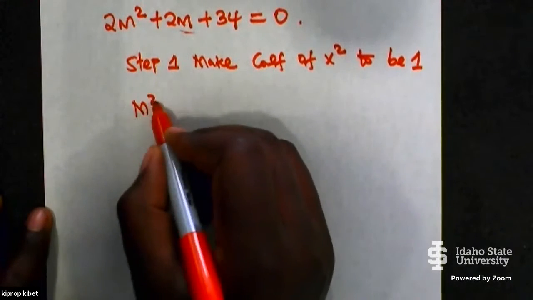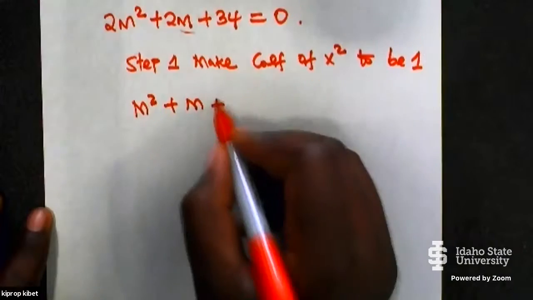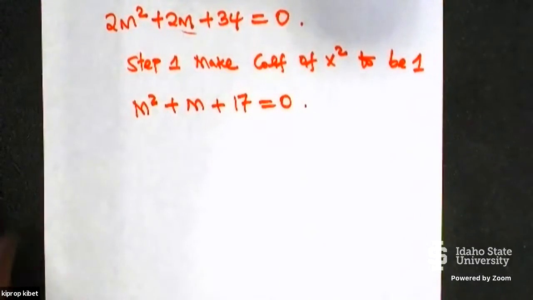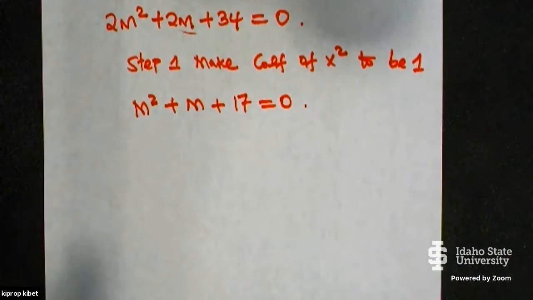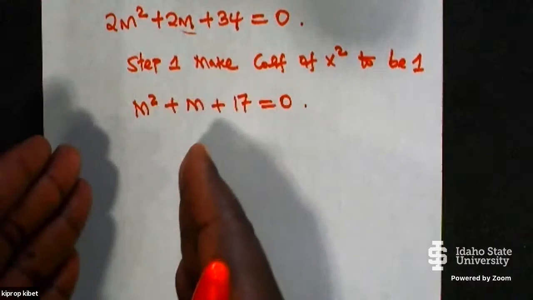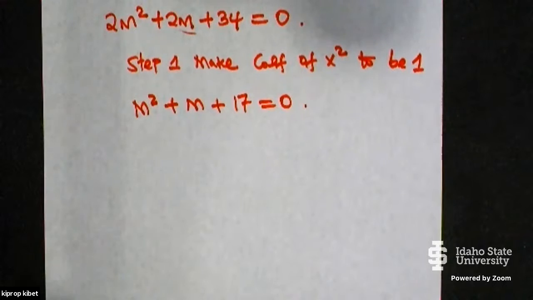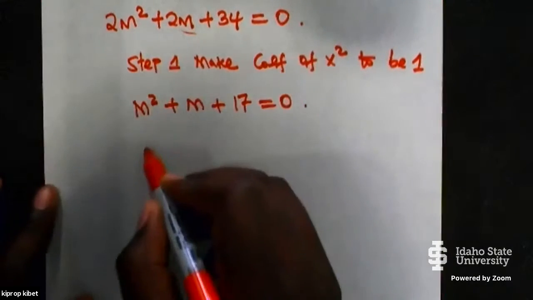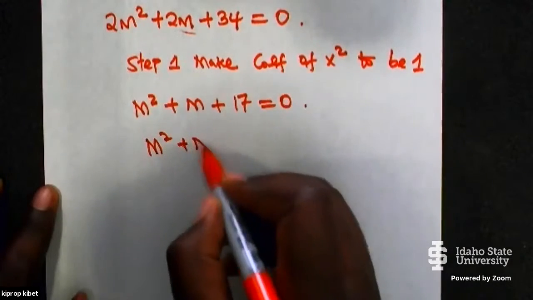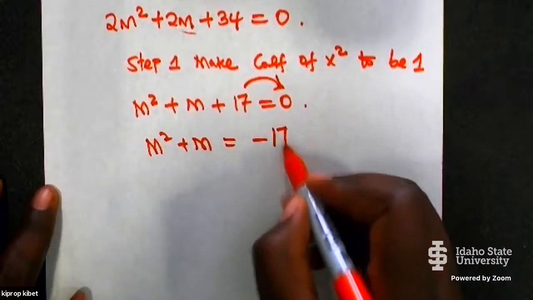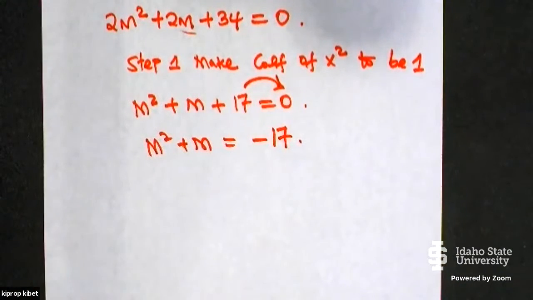You get m squared plus m plus 17 equals 0. Then the ones which have the variable, you put them on one side, and the constant, you take it to the other side. So m squared plus m, you take the 17 to the other side, equals minus 17.